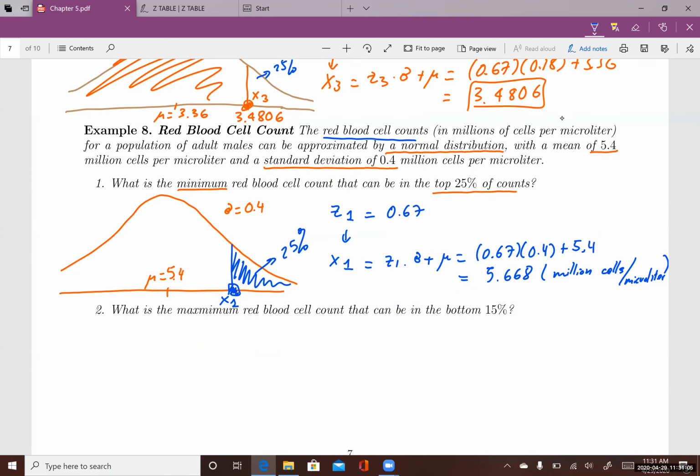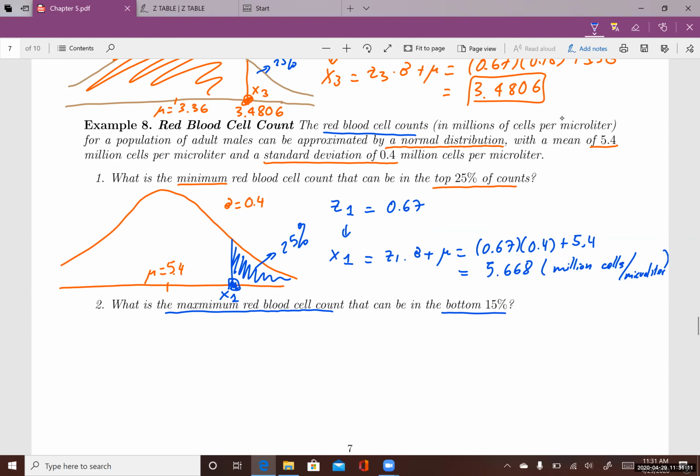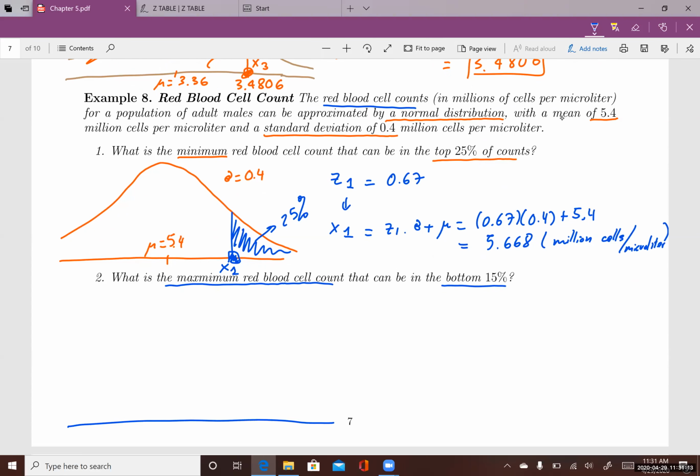How about the next one? What is the maximum red blood cell count that can be in the bottom 15%? So I have this here. Bottom 15% means 15% on the left of the distribution, right?